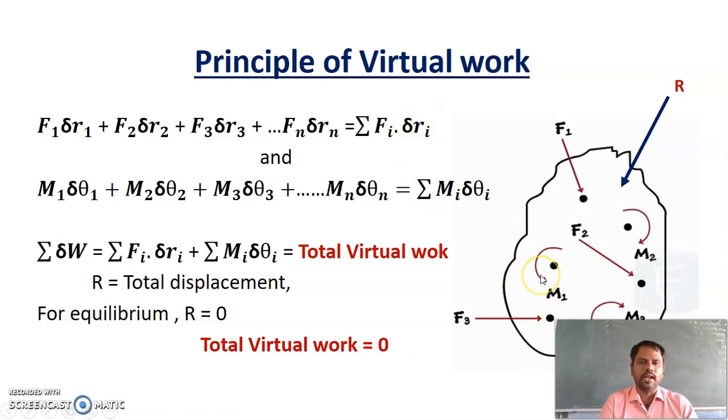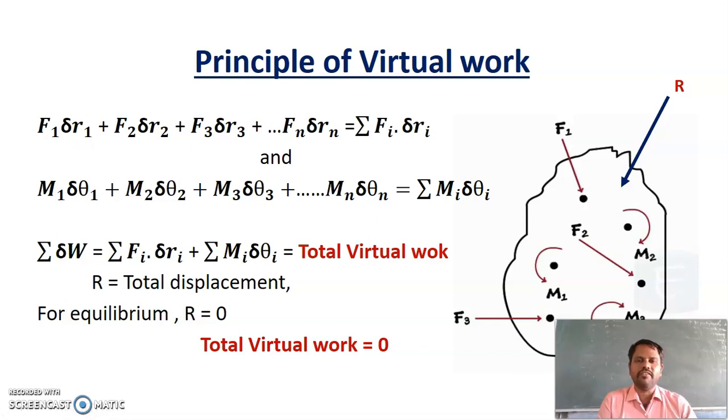Likewise, let us assume moment couples M1, M2, M3 acting on a body which exhibits angular virtual displacement given by delta theta i. The work done by the linear forces is the sum of the force times their virtual displacement.